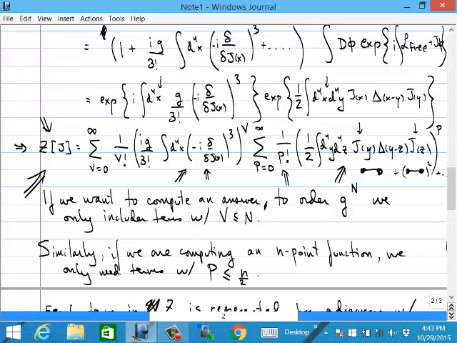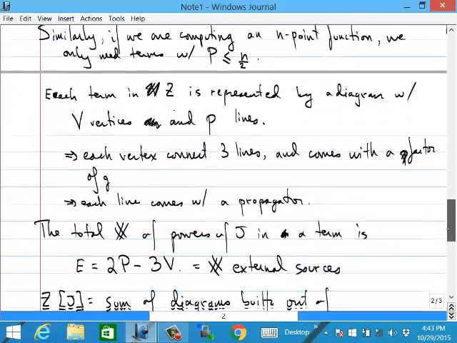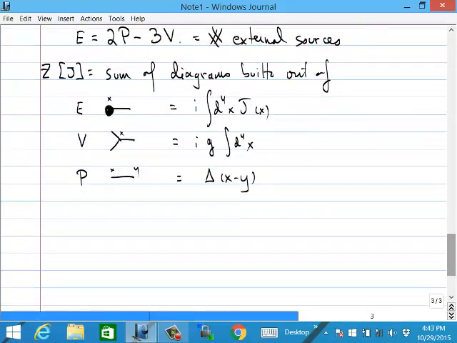It might be helpful just to start using these rules to write out the Feynman diagram expansion of this generating function. So for example, let's imagine that we wanted to compute at E equal to 0.